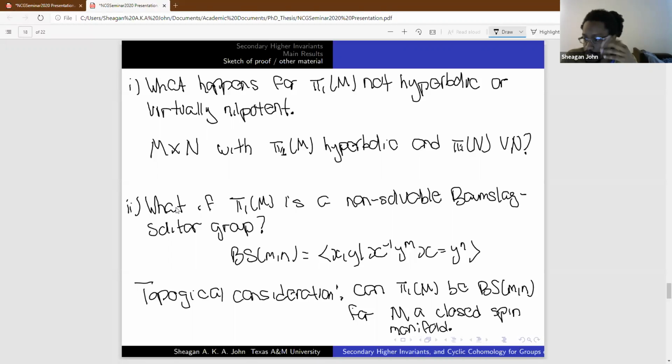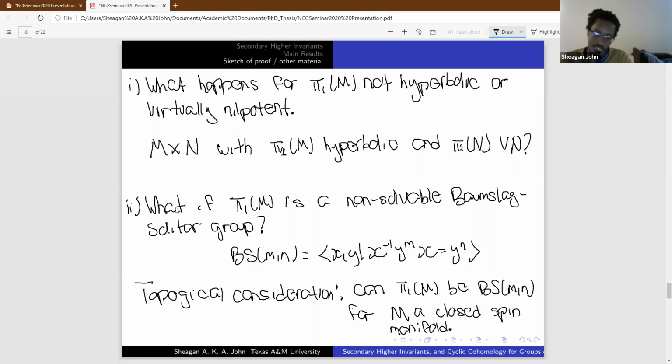I'll just mention as a last remark that I think it was in the early 2000s that Peter Shalen showed, remarkably, that if we have a non-solvable Baumslag-Solitar group, there's no non-degenerate morphism from it into the fundamental group of any closed 3-manifold.